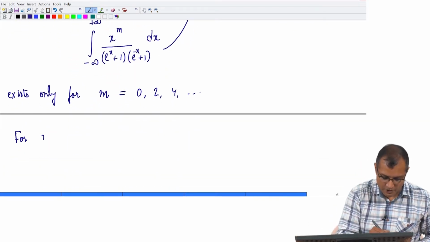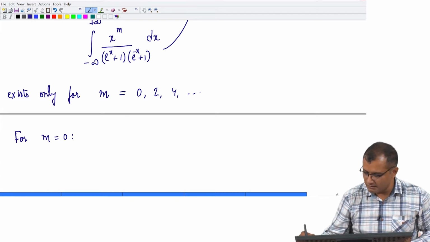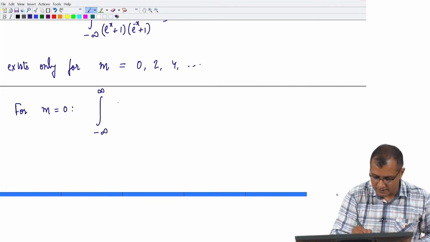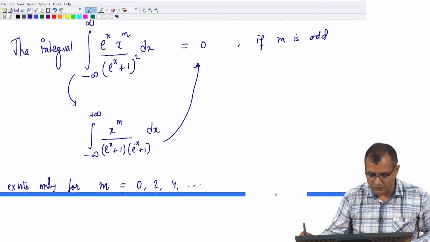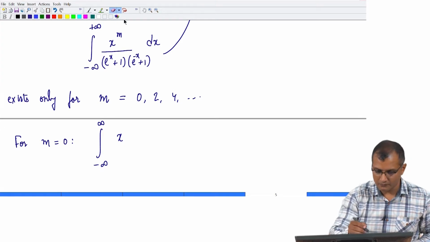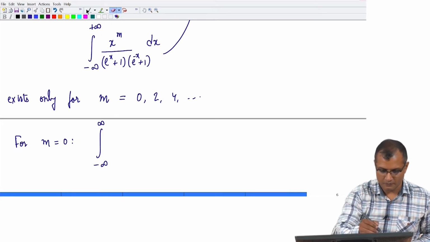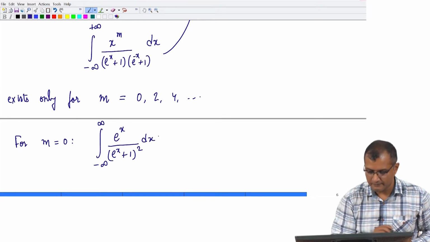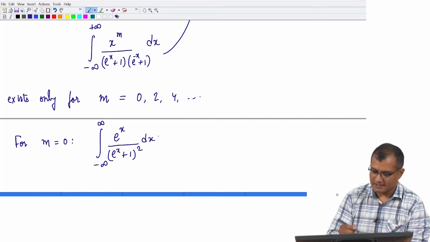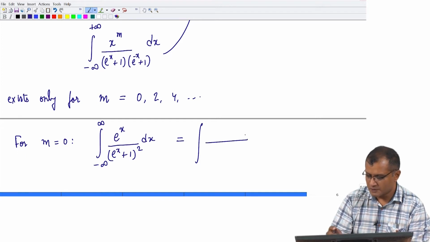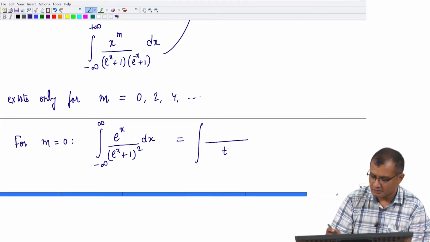Okay. So, for m equal to 0, my integral will simply become the integral from minus infinity to plus infinity of e raised to x over e raised to x plus 1 the whole square dx. Okay. And this can be solved by simply substitution of e raised to x plus 1 as some variable t. Okay.